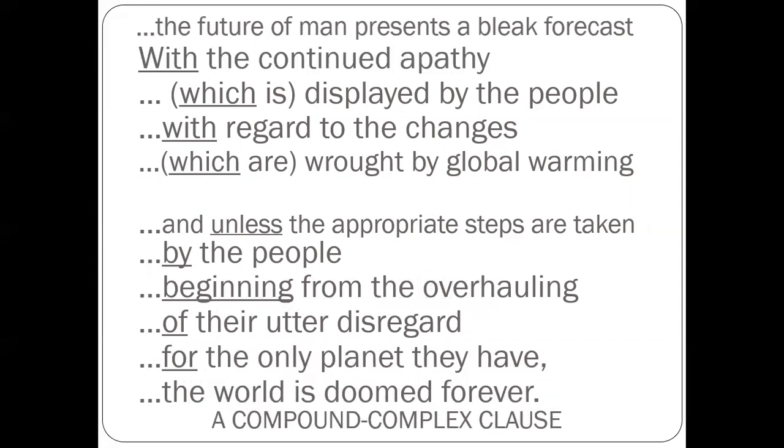A compound complex clause. So what is a compound, guys? What's a compound? Chemistry. What's a compound? I'm not gonna tell you. What's a compound? I'm not gonna say.